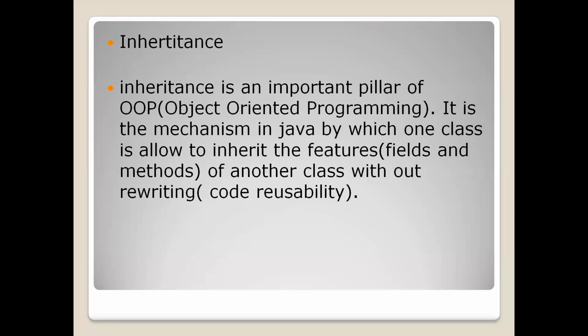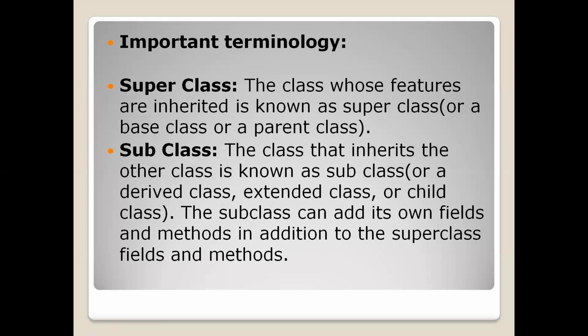So in inheritance, we write some properties in one class and we use those properties in another class without rewriting them. The mechanism of writing properties in one class and using them in many other classes is called inheritance. There is some important terminology when we talk about inheritance.